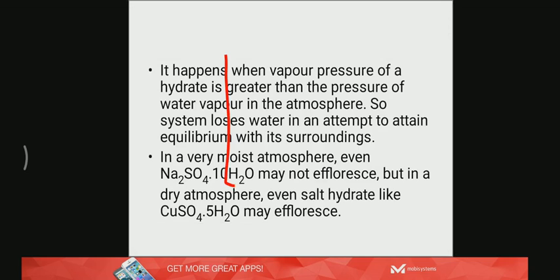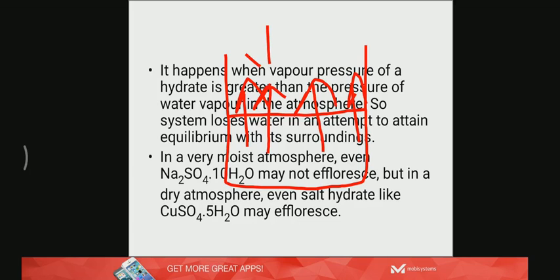Suppose you have an efflorescent substance taken in a beaker and exposed to air, or you have a saturated solution of this substance. Its vapor pressure is higher, maybe because it is not very soluble in water. Such substances are not very soluble in water, so it will have high vapor pressure.